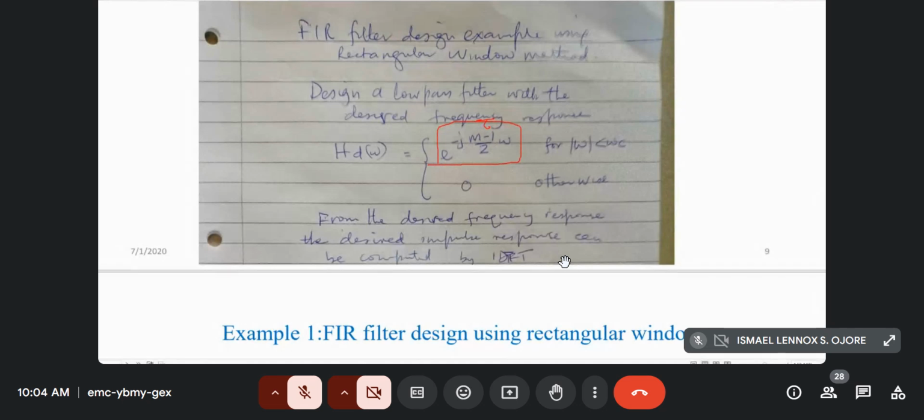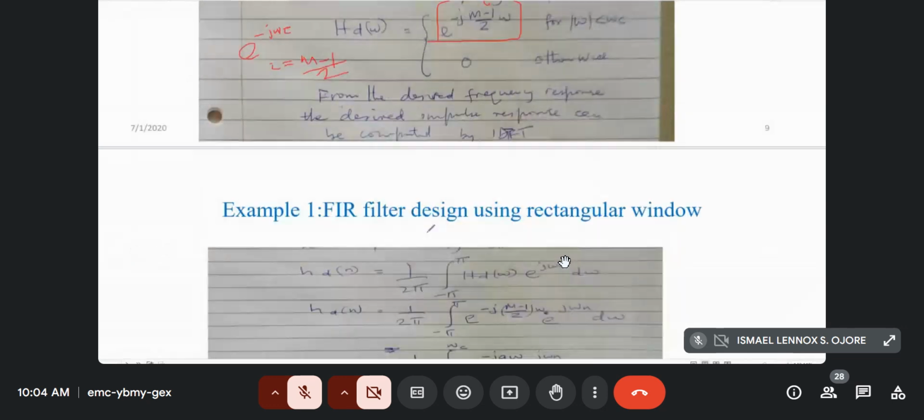You see how our choice works out, because normally the response will be of this type, e to the minus j omega tau, where tau is equal to (M minus 1) over 2. So we have just used that.